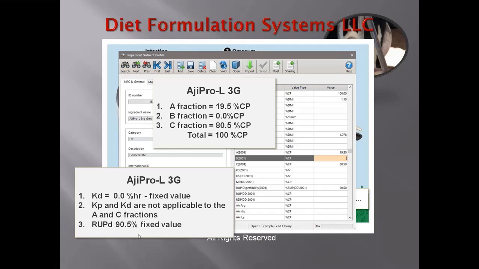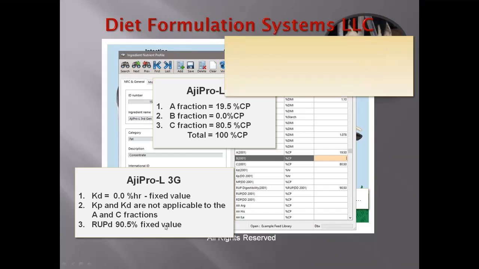The RUP digestibility is 90.5, and that's a fixed value. It's not going to change. The A fraction, the C fraction, the degradation rate, and the RUP digestibility are going to be fixed, as they have been in the last two that we looked at.